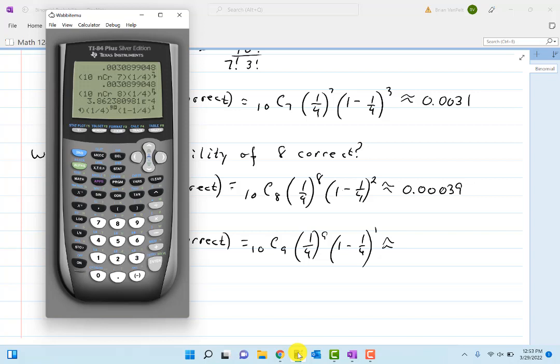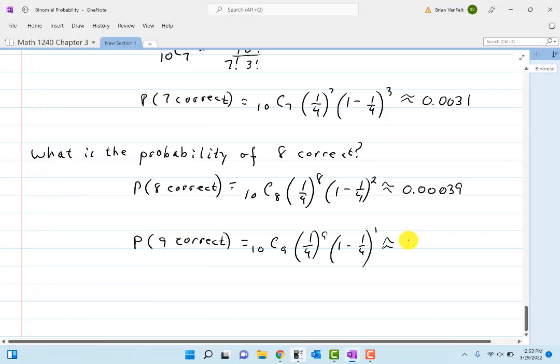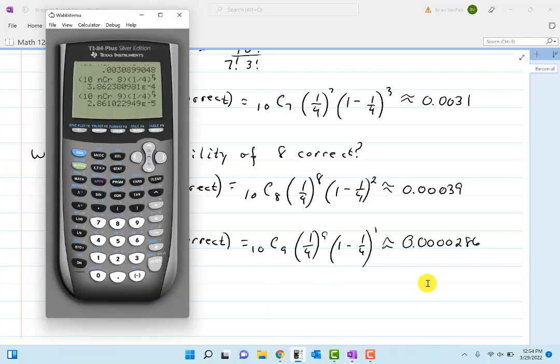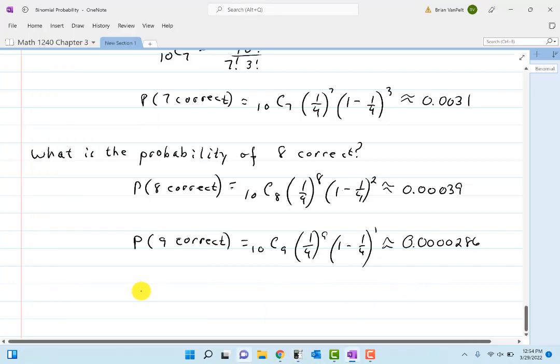That will become a 9. And then I have 10C9 to begin the thing. This, now I have 4 zeros before a 286. 0.1234286. I'll check those decimals one last time. 286, yep. And as you can imagine, I'm going to ask you, what's the probability of getting all 10 correct?